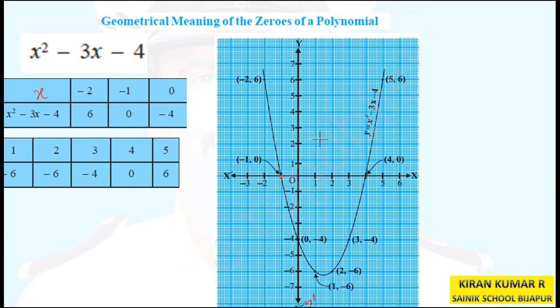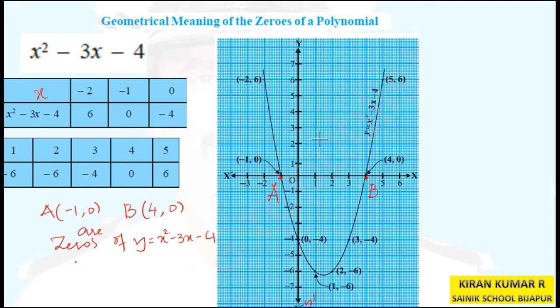This curve is intersecting the x-axis at these 2 points, point A and point B. This point A, which is (-1, 0), and point B, which is (4, 0), are zeros of y = x² - 3x - 4. You can verify that if you substitute (-1, 0), this value satisfies the equation. The same is the case with the coordinates (4, 0).